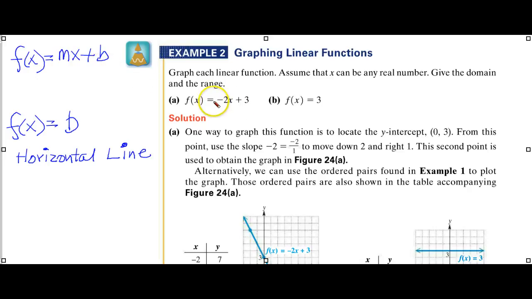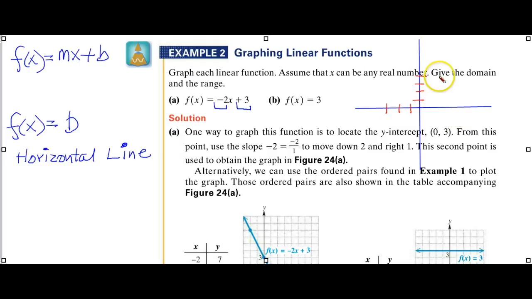So -2 would be our slope, and a +3 would be our y-intercept. Now, below they're going to show you a way to get various points, but I'm also going to show you a way to graph this using a special technique. And it looks like this.